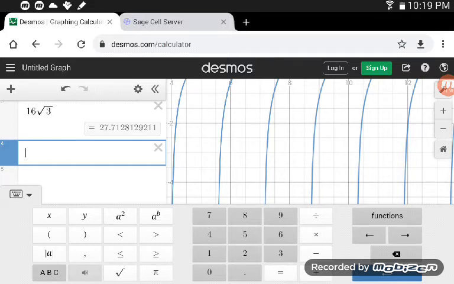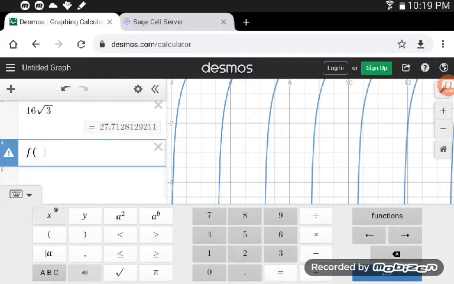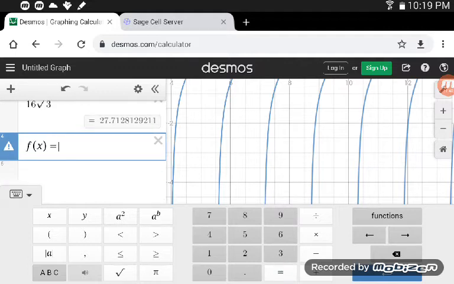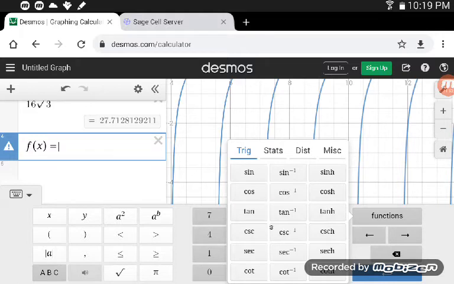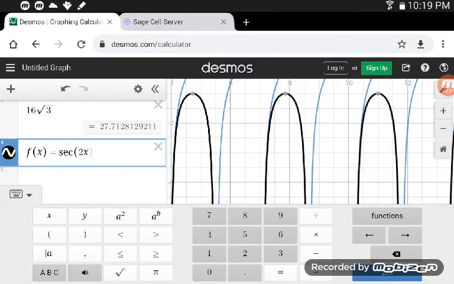Okay, so I go back here and I do an f of x. f of x is equal to, and I believe I said, secant of 2x. Let me go back here.